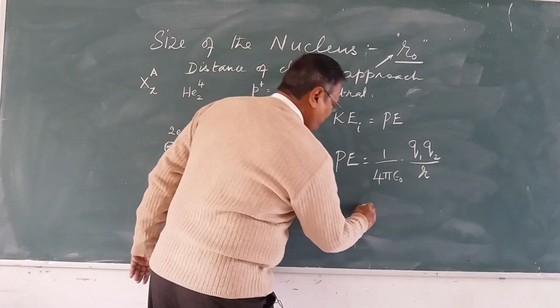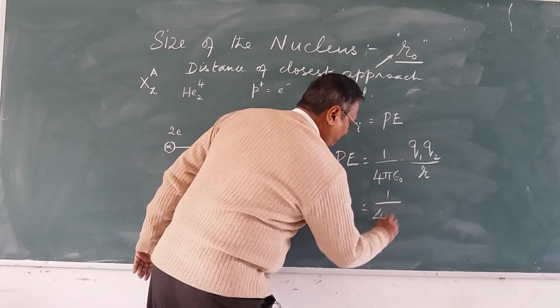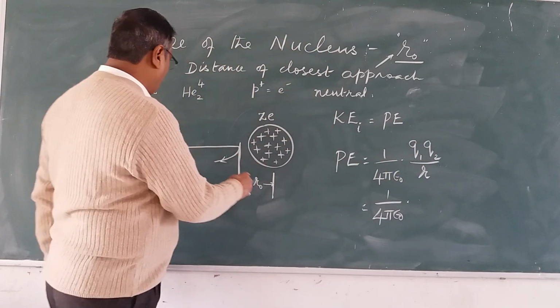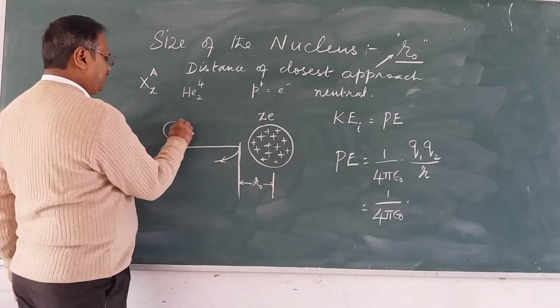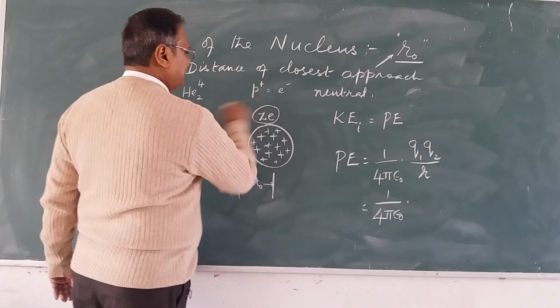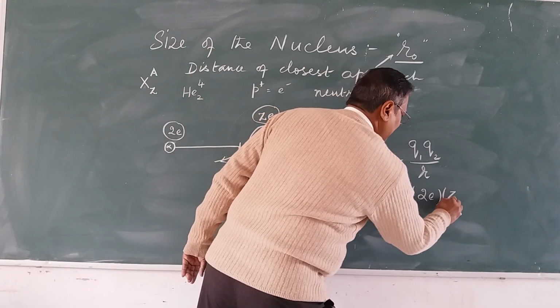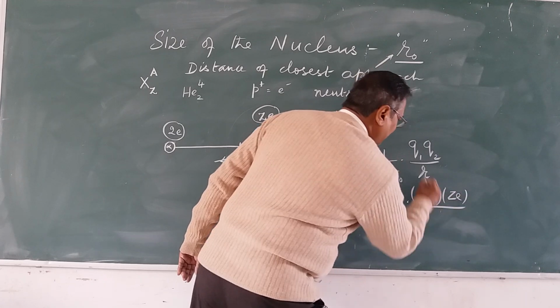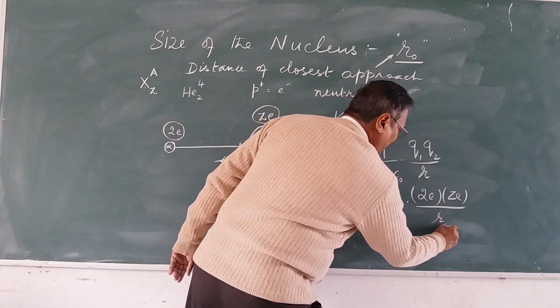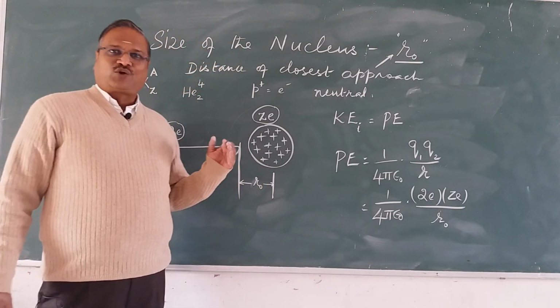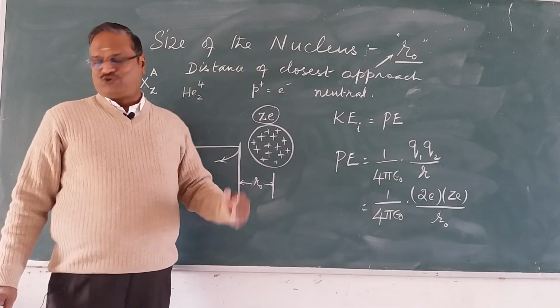That is equal to 1 upon 4 pi epsilon naught into, what are the two charges involved? One is 2E and another is ZE, so 2E into ZE divided by R. What is R here? R naught. Why is it R naught? It is the distance of closest approach.